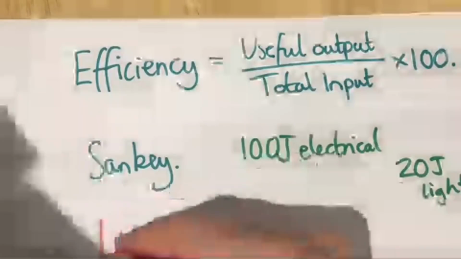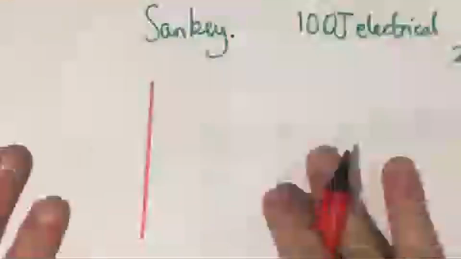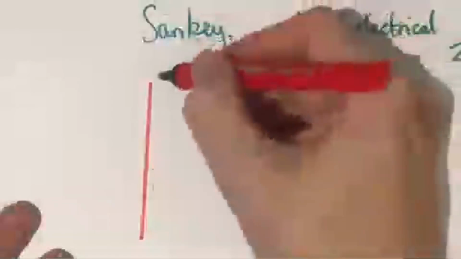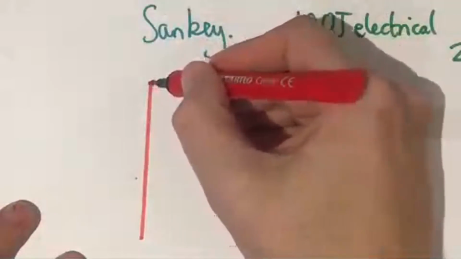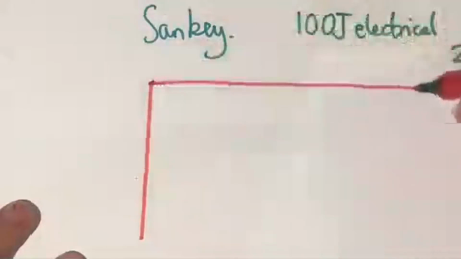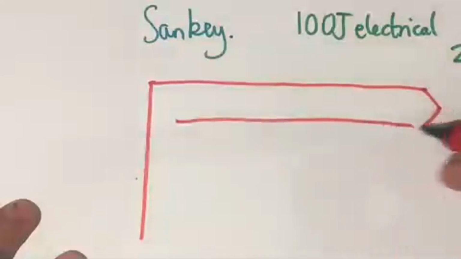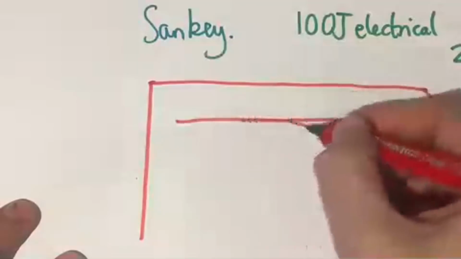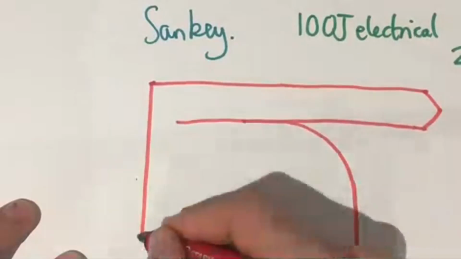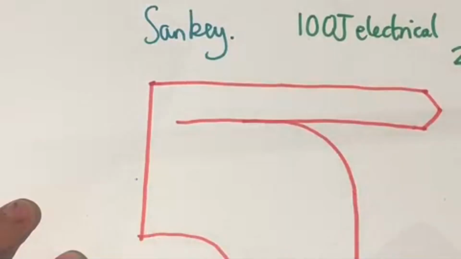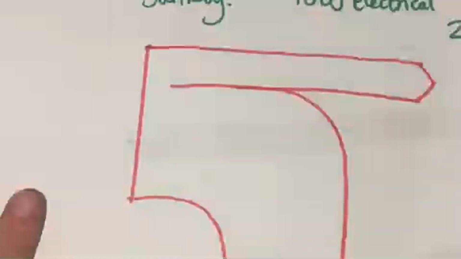Now it's got 100 joules. I could have a scale of 1 centimeter being 100 joules. Okay, I'm pretty pleased with that for freehand.